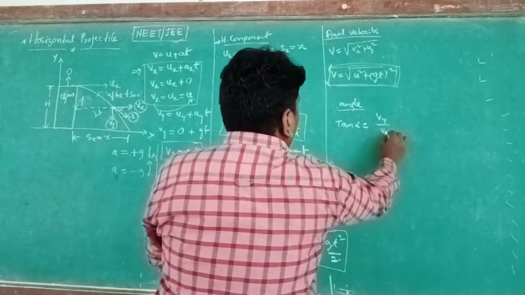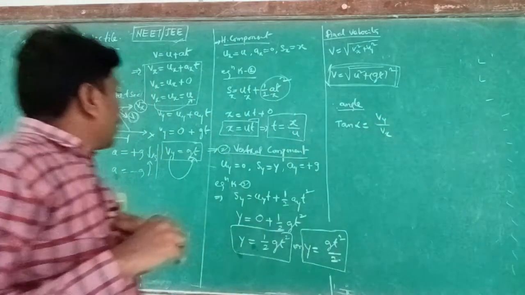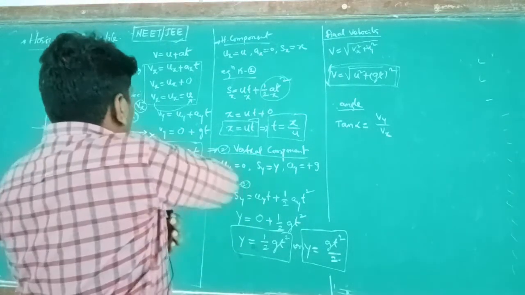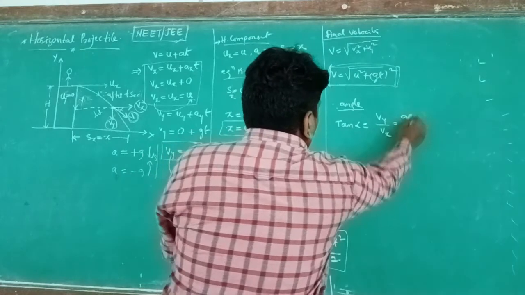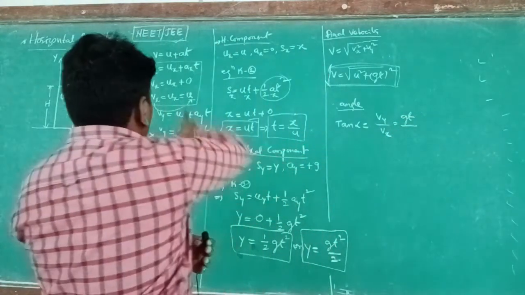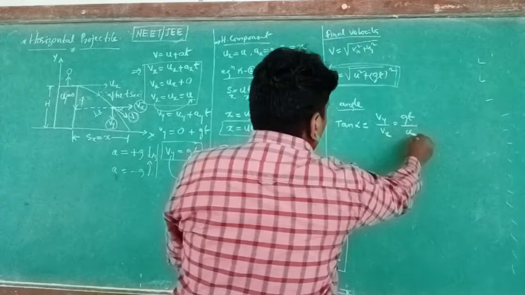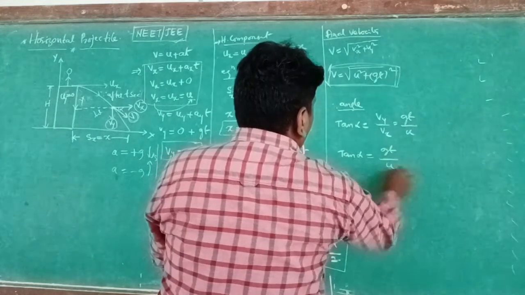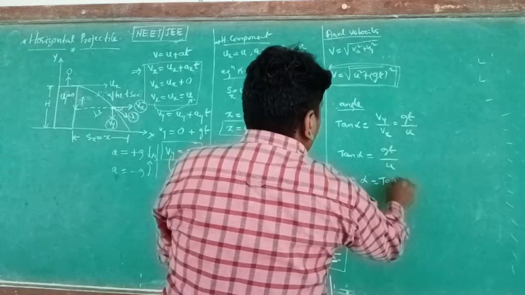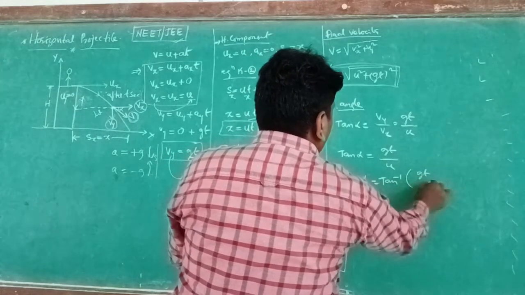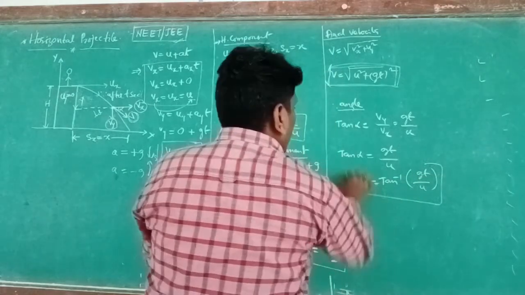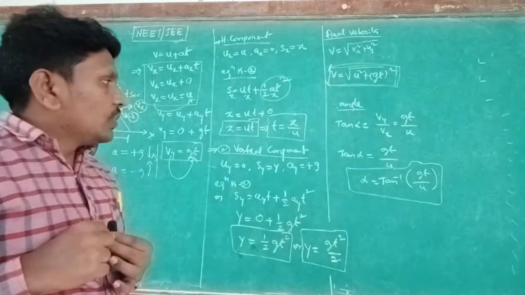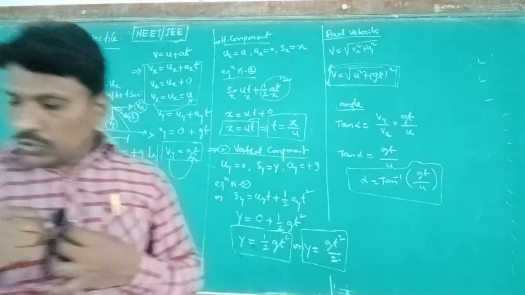Vy is nothing but gt, and vx is nothing but u. So tan alpha equals gt by u, then alpha is equal to tan inverse of gt by u.